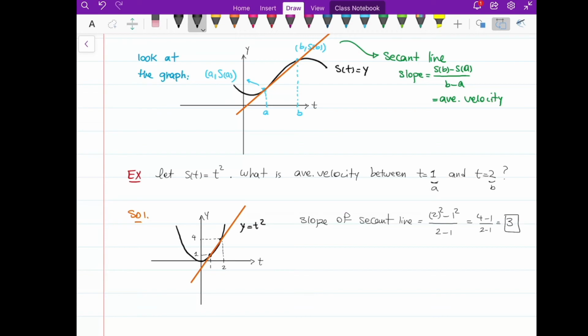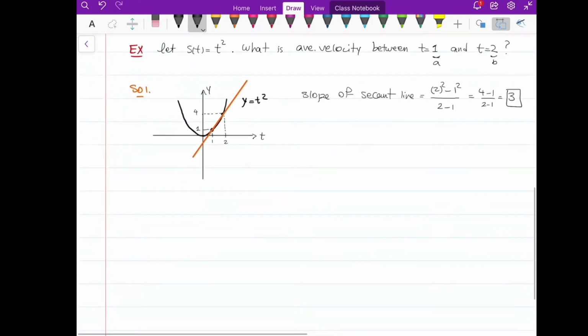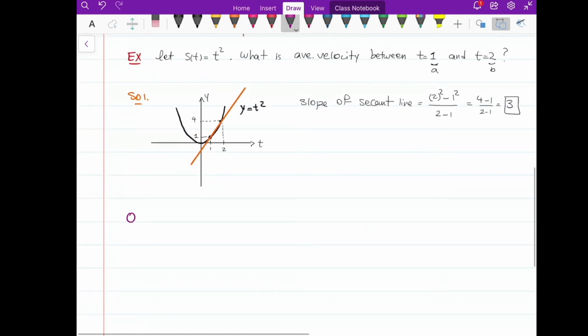That's the average velocity. Now another question that you can ask is, what if a and b are equal to each other? So the next question is this: what's gonna happen if a is equal to b? Then the slope would be undefined. It's just because we get 0 in the denominator, right? The slope is undefined because the denominator is equal to 0.